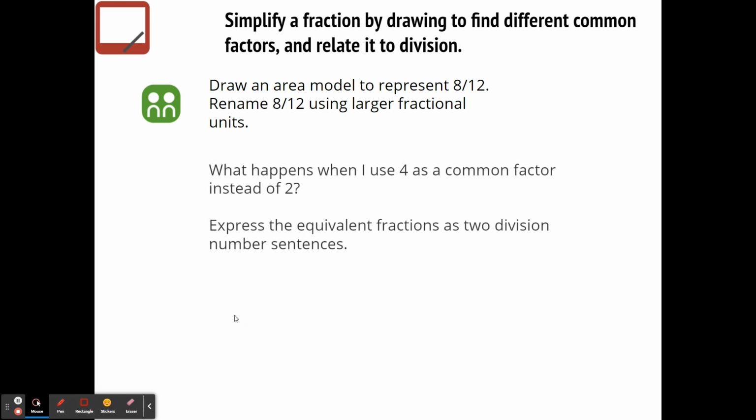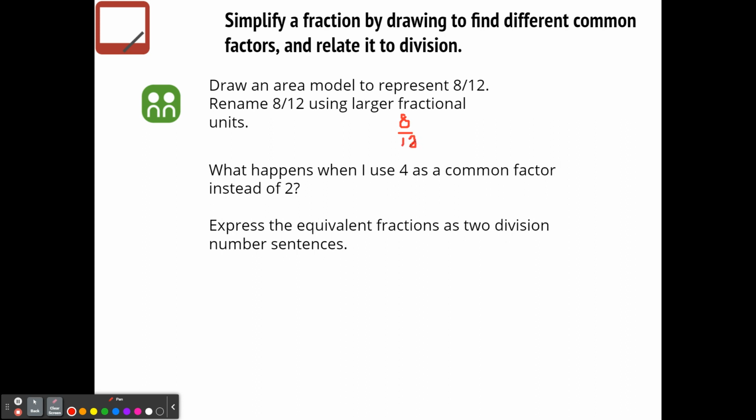All right. So, with your models and your work, what happens when I use 4 as a common factor instead of 2? Because I'm sure a lot of you must have gone, well, 8 is an even number and 12 is an even number, so I know that I can use 2 as my common factor.